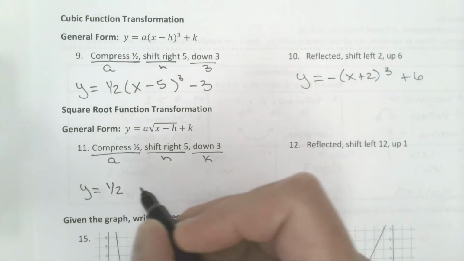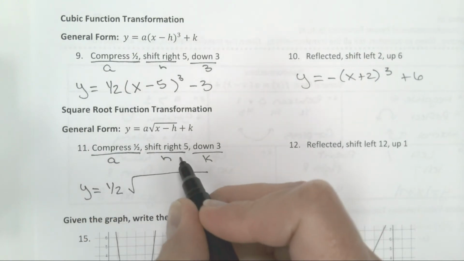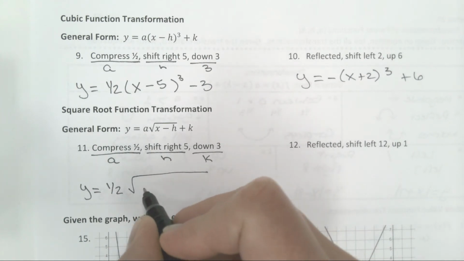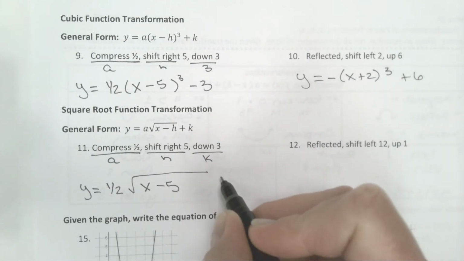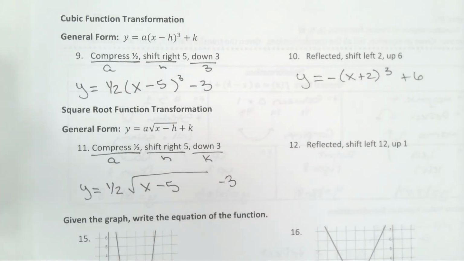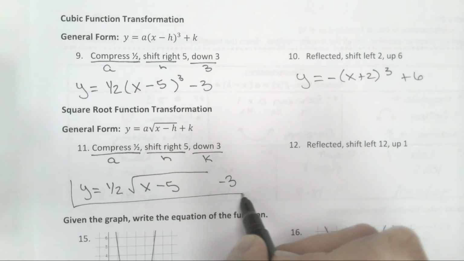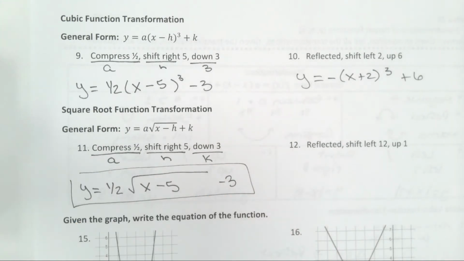So A is still a half. Right 5 means it lies to you, so this is x minus 5 under the radical. And then down 3, you have this minus 3 at the end.